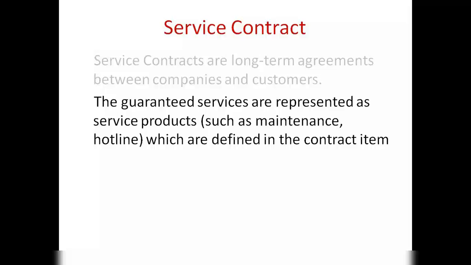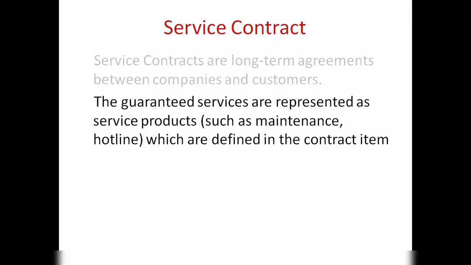It can be maintenance of something, it can be a hotline. For example, most manufacturing companies use compressors to run their machinery. To do the maintenance of the compressor or to look at any breakdown, they give the contract to someone. They can give the contract to a company, say my company.